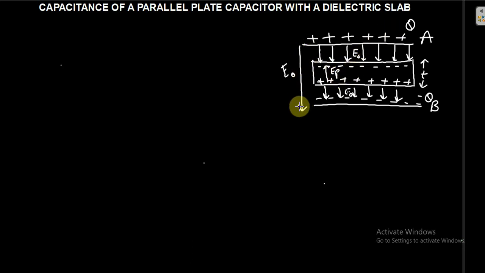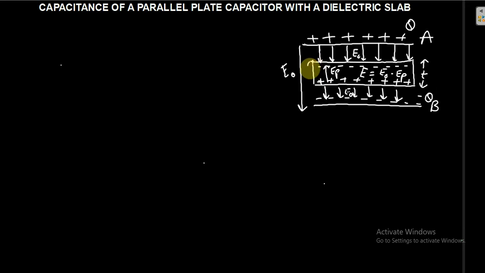You can see the direction of the external field is this side and the polarized field is this side. So what will be the net field inside the dielectric? The net field will be the subtraction of these two fields. We can give the name E to the net field, so E will be equal to E0 minus EP.